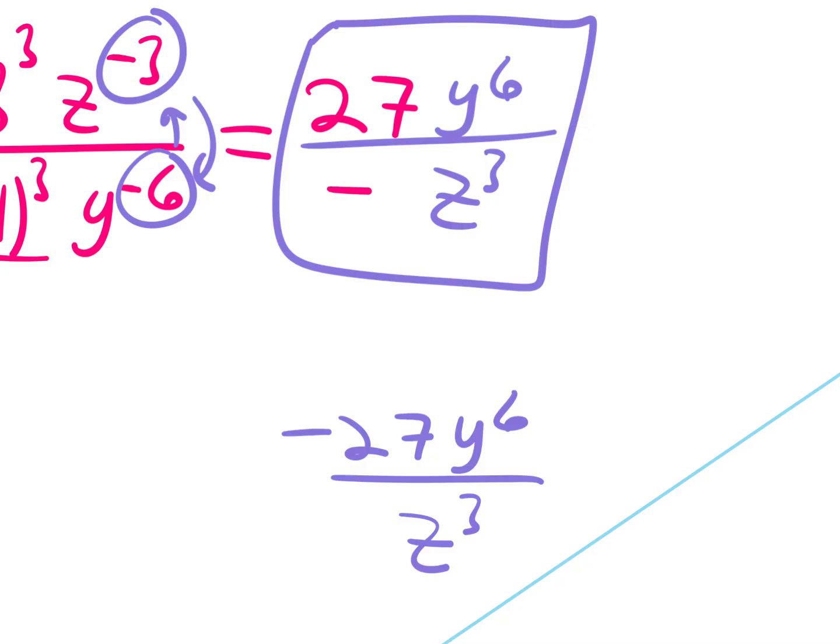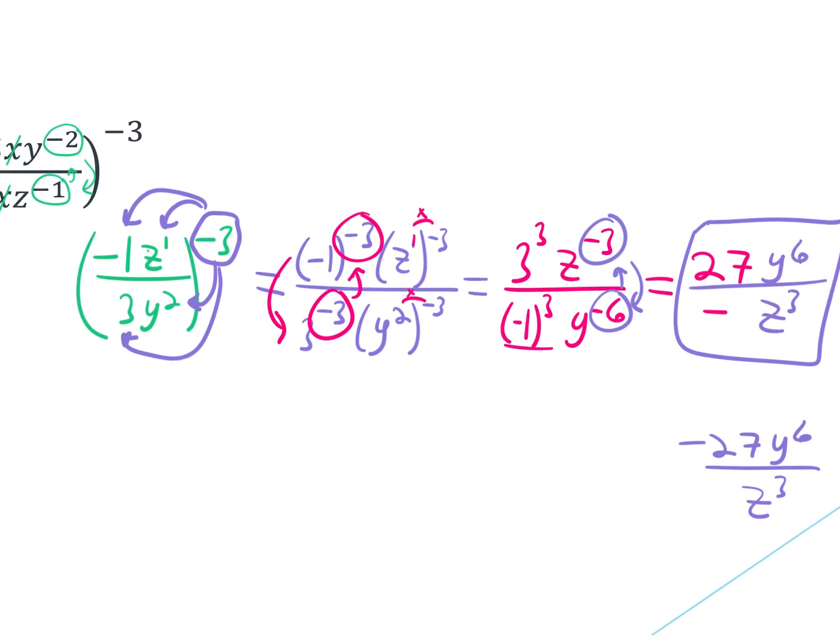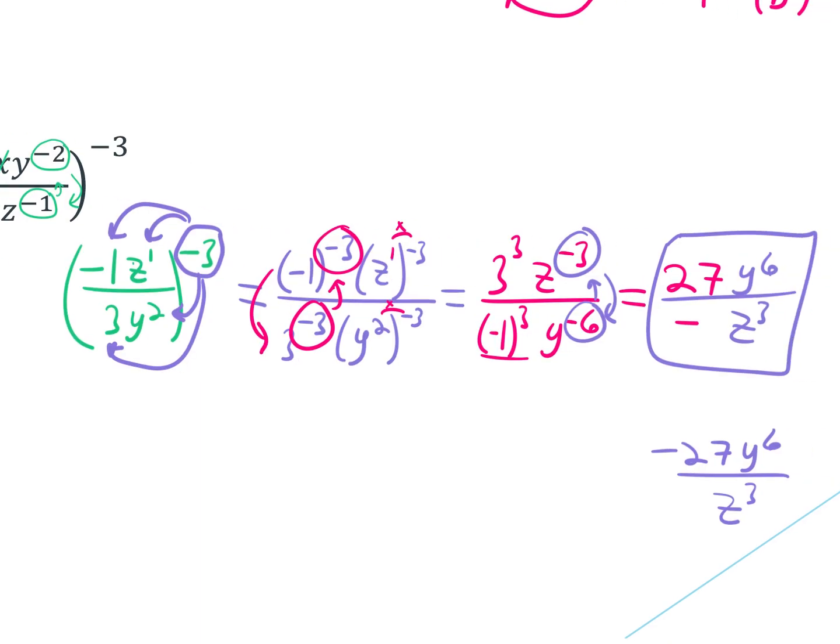That's equally correct. It doesn't matter if the negative is on the top, bottom, or on the outside like that, as long as there's only one negative. But it should look like this, your final answer. Let me zoom out. So that's the whole problem.